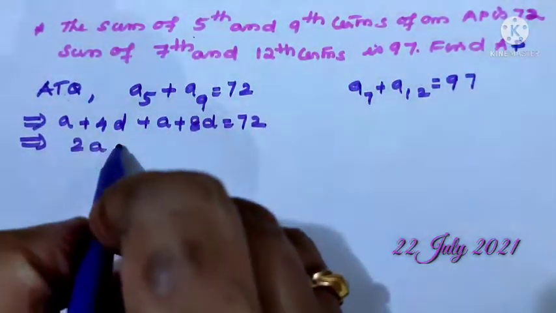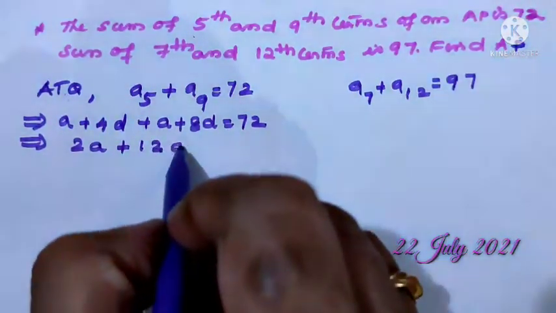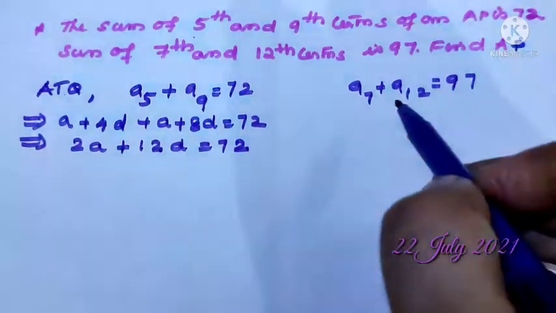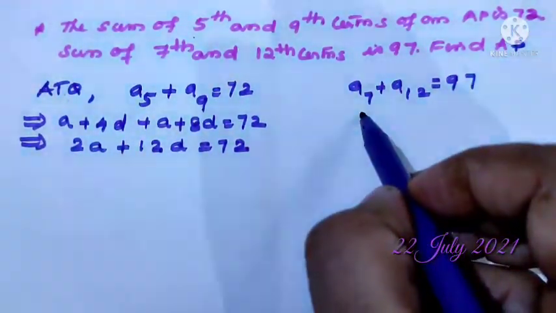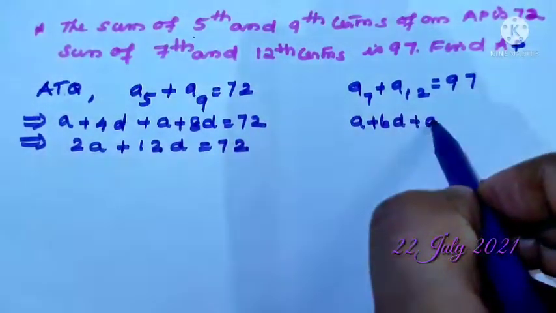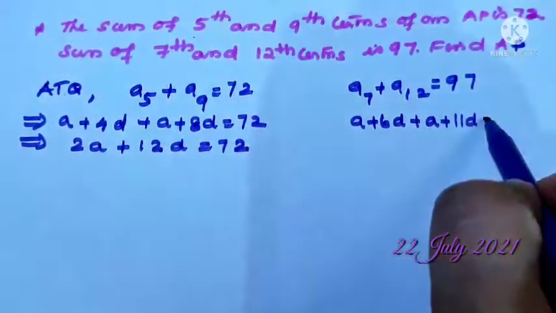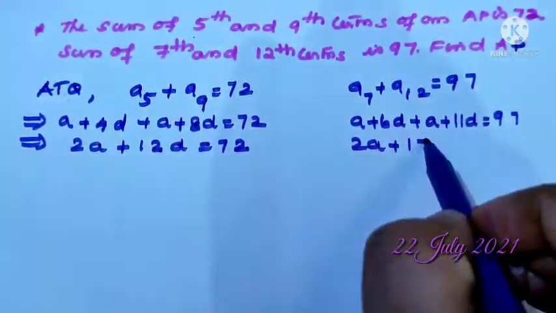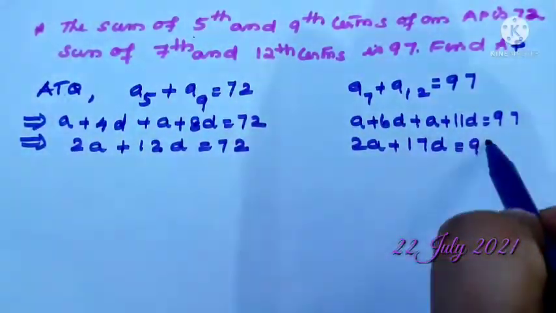So 2A plus 12D equal to 72. Okay. Now here A7, A plus 6D plus A plus 11D equal to 97.